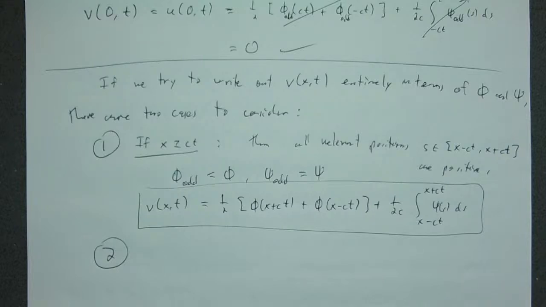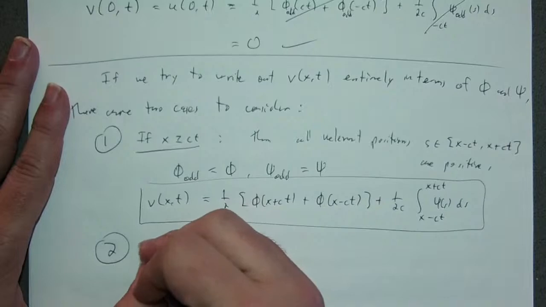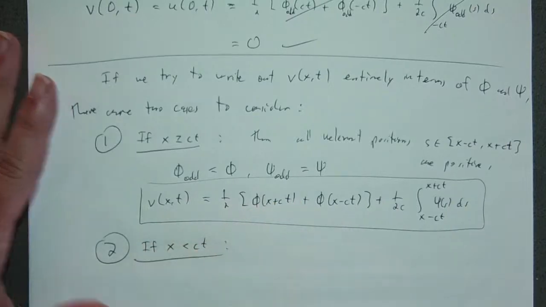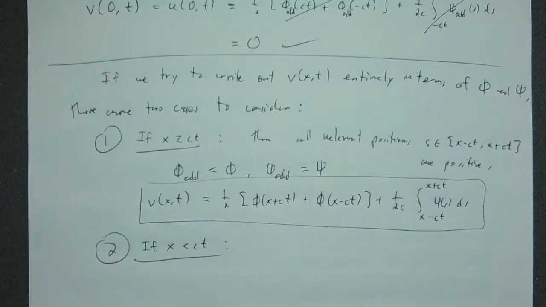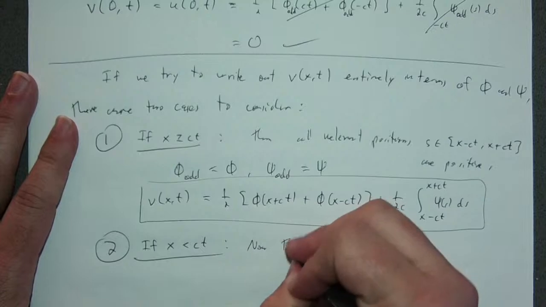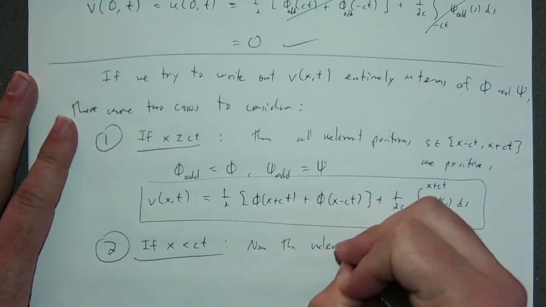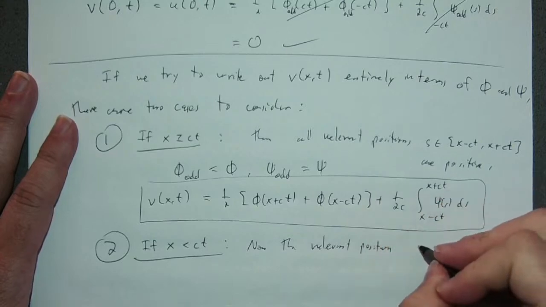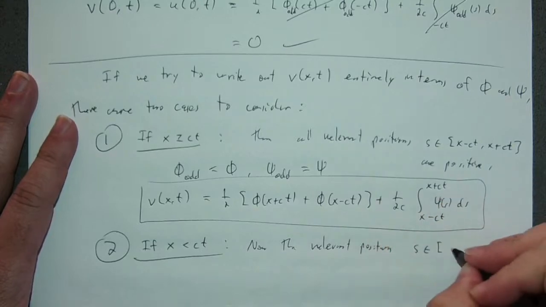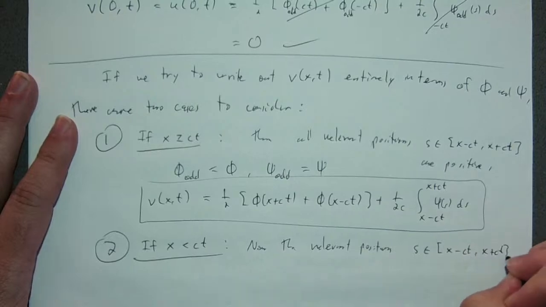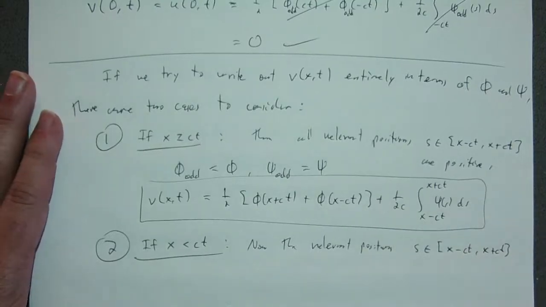And so the other case is if x is less than ct. Now, the relevant positions, or at least some of them, will be negative.